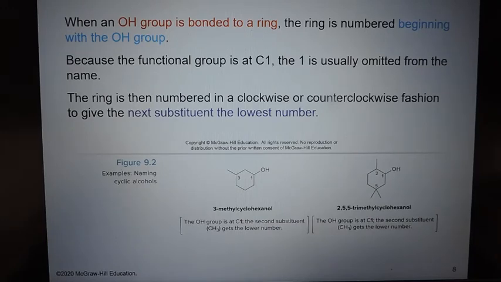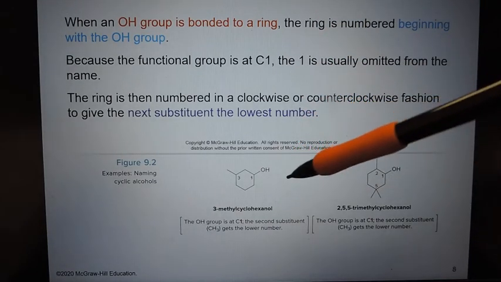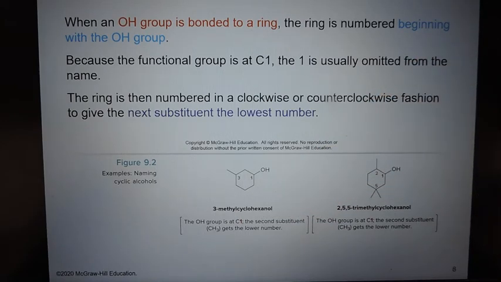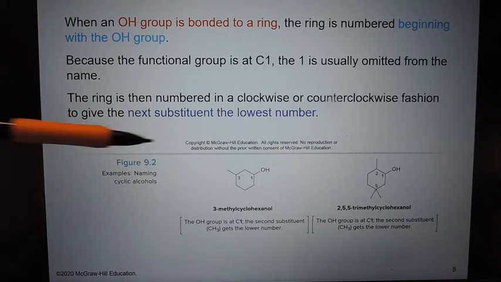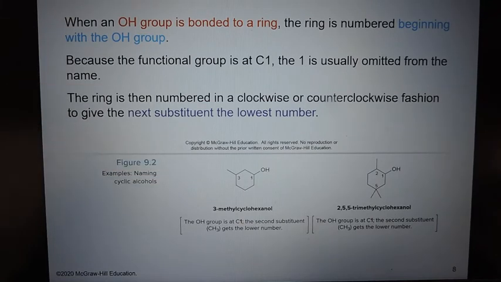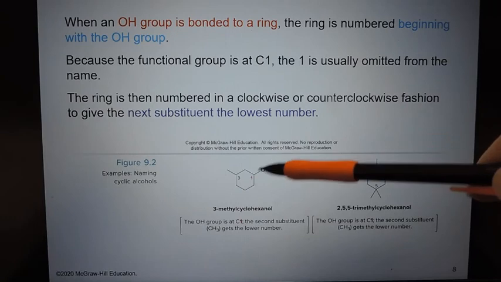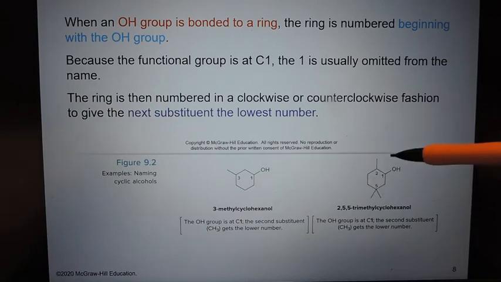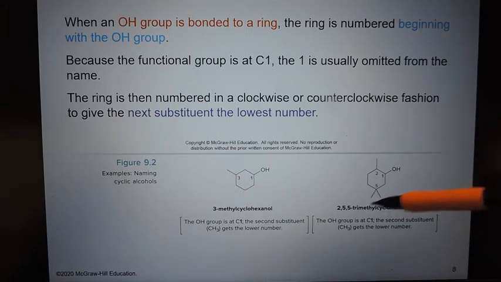We have to name the other functional groups that are attached to the ring. In this case, there are 2 compounds I have shown. In one of them, the methyl group is attached to the number 3 carbon atom, and in the other one, there are actually 2 alkyl groups. Number 1 carbon is attached to the hydroxy group for both, but the other alkyl groups, such as the ethyl group and methyl group, and 2 methyl groups here, we have to name them as well.